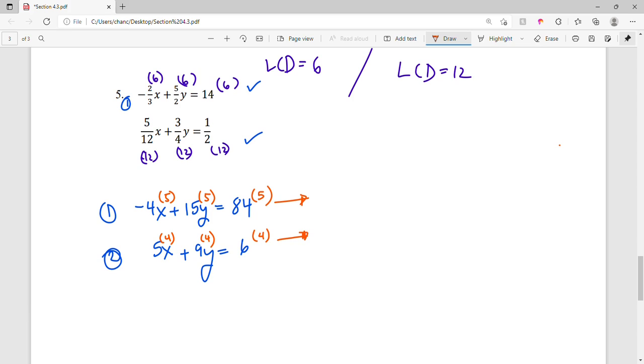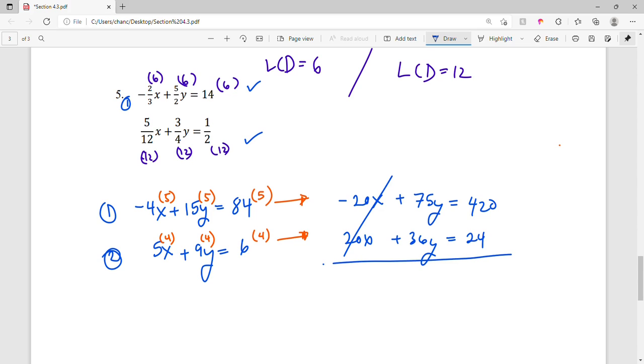That's the point. We're using elimination. This simplifies to negative 20x plus 75y equals 420. And for the bottom, it's 20x plus 36y equals 24.